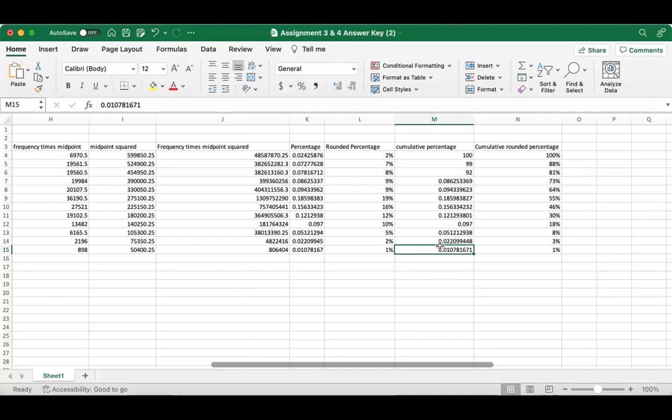So everybody ready for cumulative rounded percentage, or do you still want to see cumulative percentage? Okay, no problem. 2, 3. Yeah, 2 places is fine. 3 is fine. When you're in a test environment, I would say 1 or 2 places. For the sake of the assignment, I'll take 2 or 3 places.